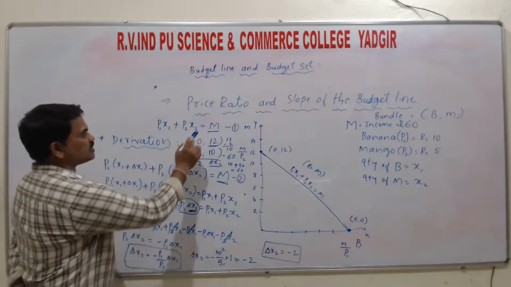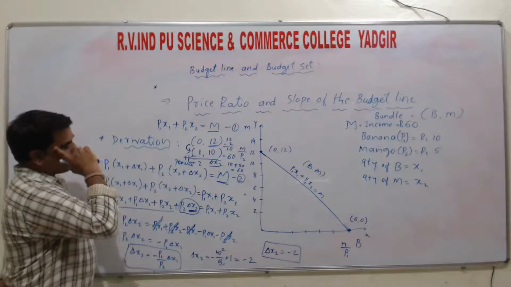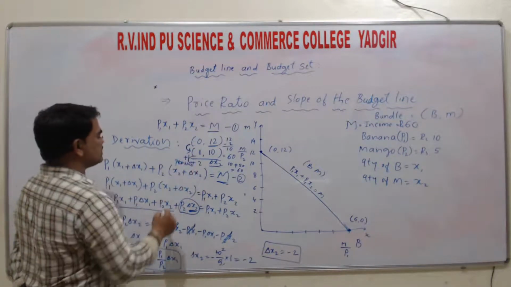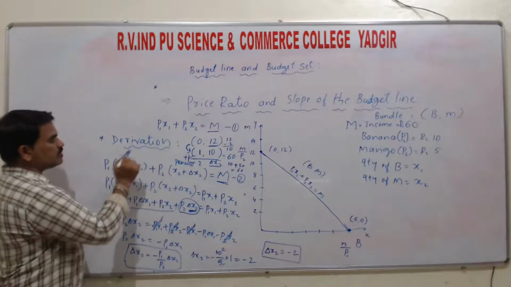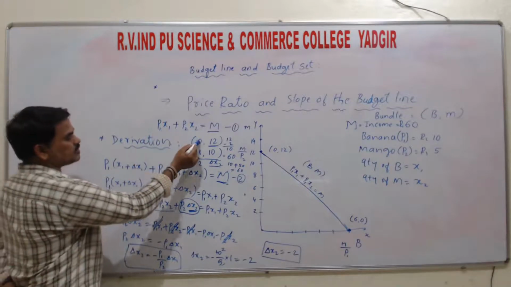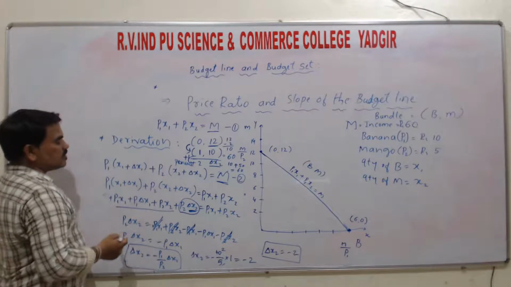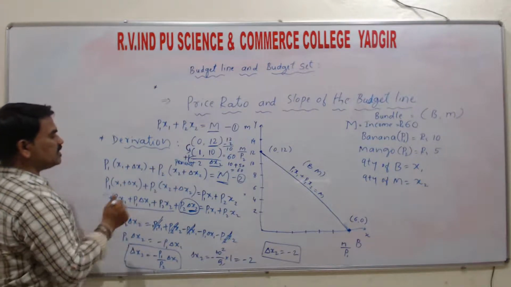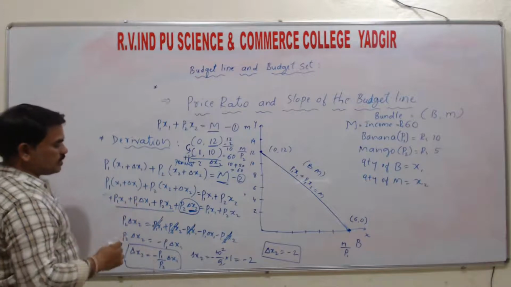So we get this equation equal to M. Now when you want to change the quantity, P1 x1, he is changing now from 0 to 1, then we can keep x1 here.